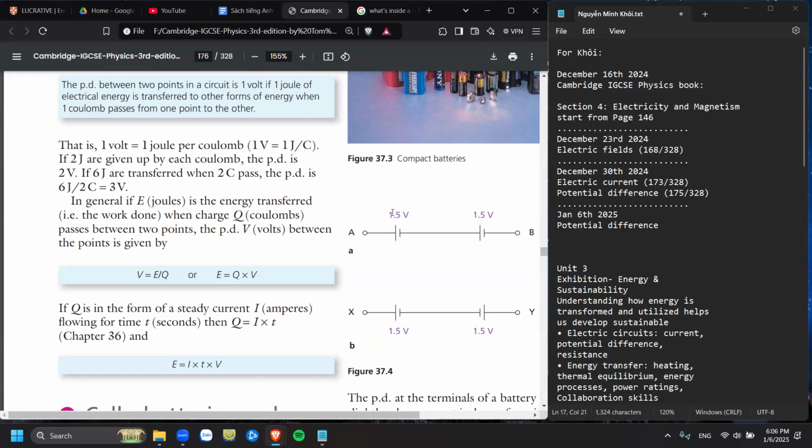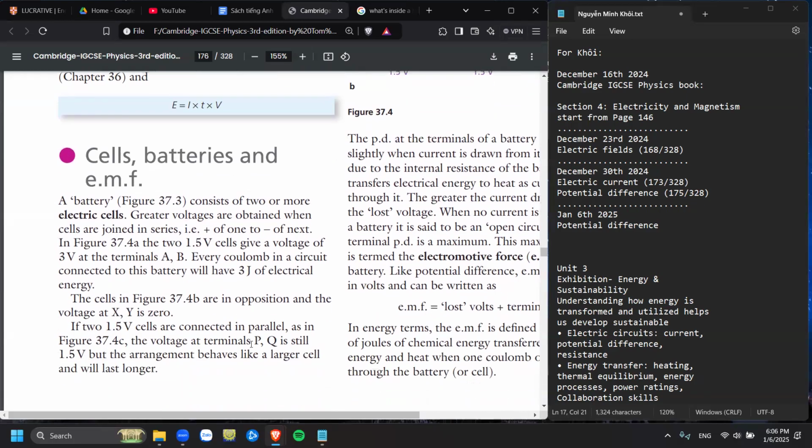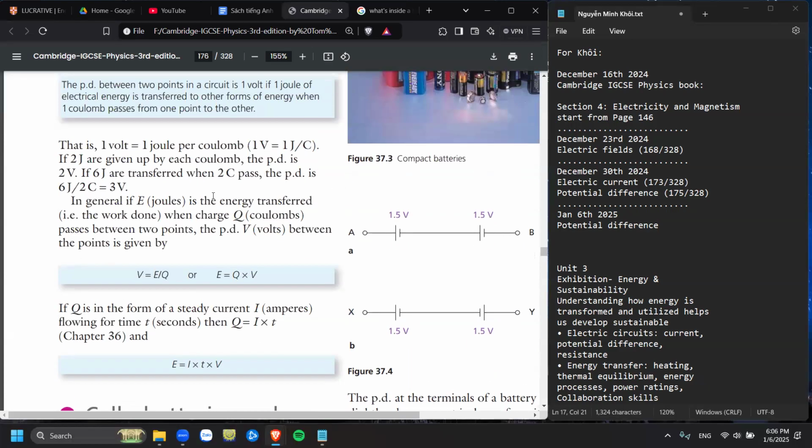If you have two of them in series, the total is going to be 3 volt because they combine in series. Now, every coulomb in a circuit connected to this battery will have 3 joules of electrical energy. Because why? 3 volt means 3 joules per coulomb, right?